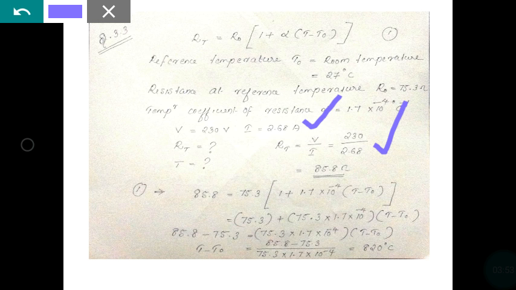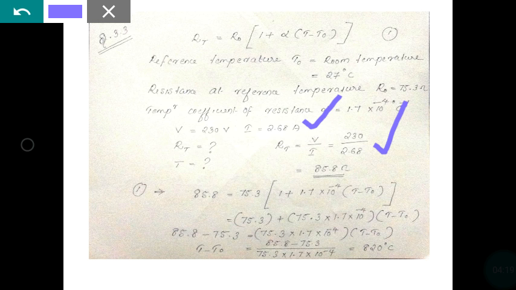V by I is equal to 230 divided by 2.68, we will get 85.8 ohm. So substituting all these values in equation 1, we can find out the temperature T when the current flows through the material. So let us substitute all the values there.